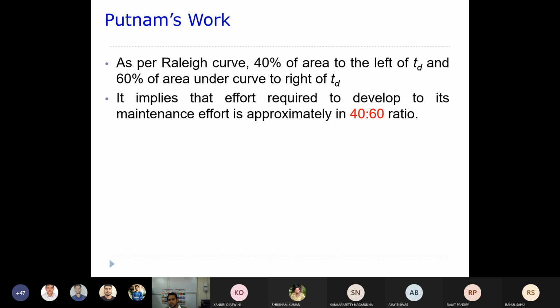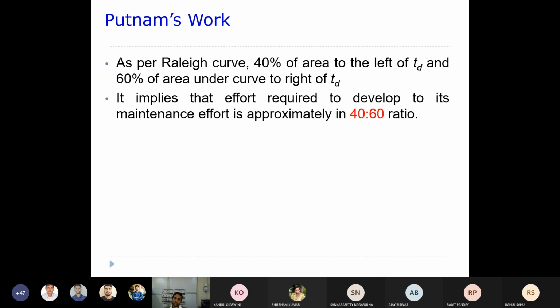It all implies that the development effort to maintenance effort is approximately 40 to 60. We have seen in the past, I told you in the very beginning, that you require 40% of effort for the development phase and 60% for the maintenance phase.